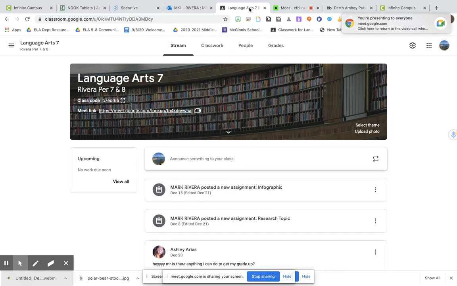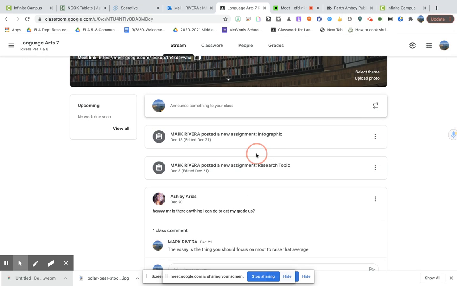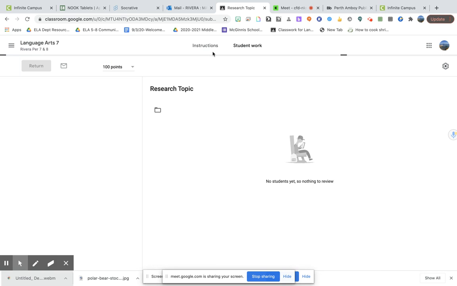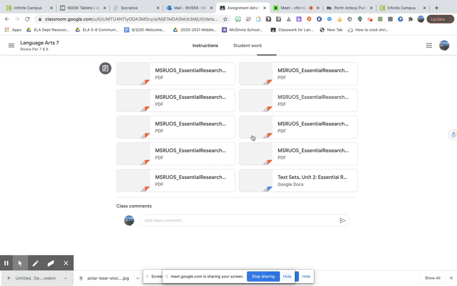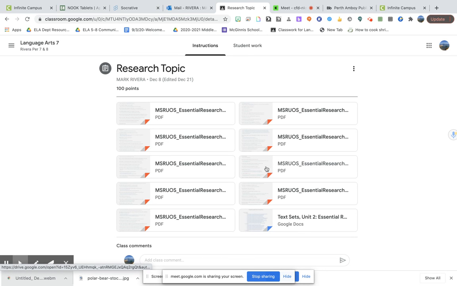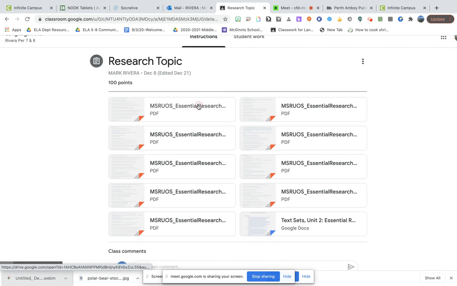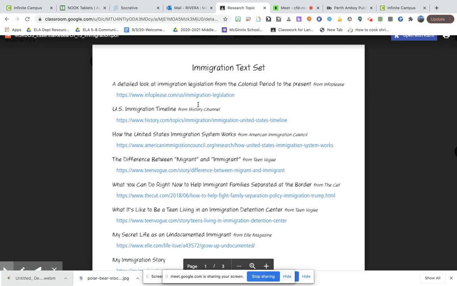All right. So again, when it comes to working on your infographic, you should have already taken down some research. Remember, your research comes from these pages here, right? So you're supposed to choose one of these different topics, right?